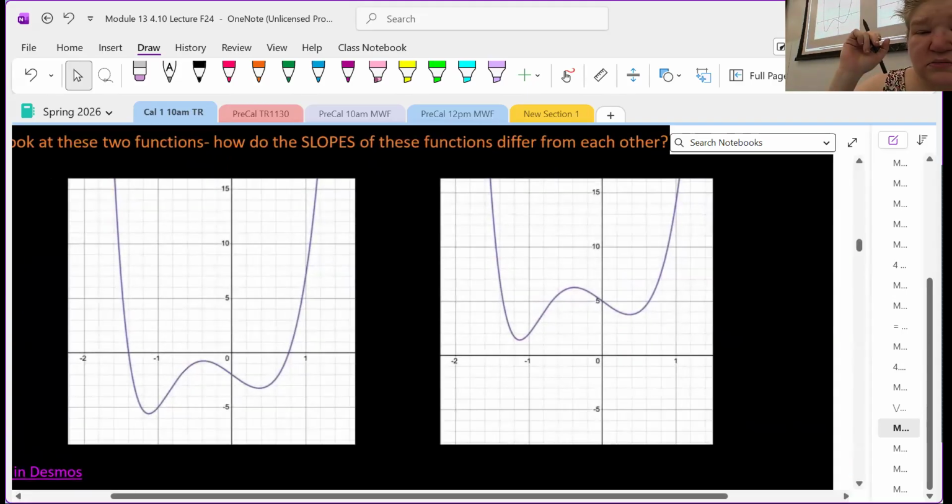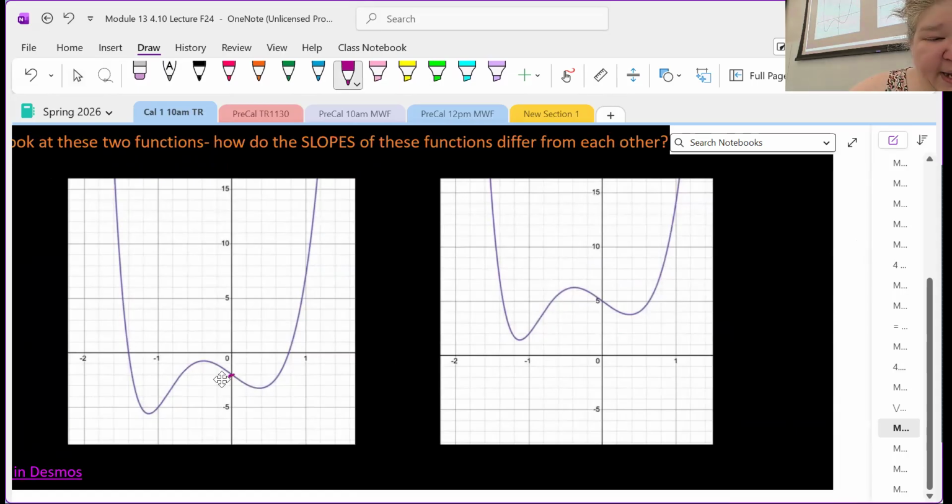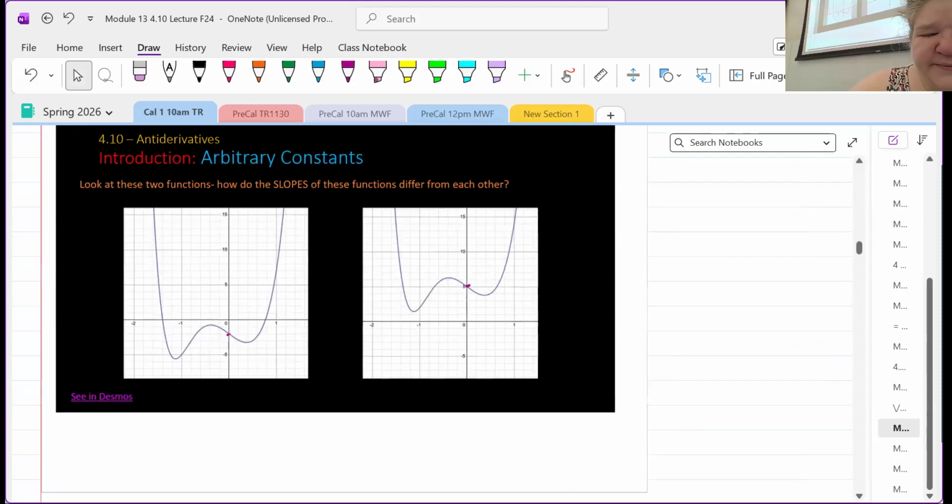Translated up or down from each other. So this one has a y-intercept at -2. This one has a y-intercept at 5. But we can see at that point the slope is downward, negative. Our maxes and our mins are all occurring at the same x values. So the difference between them is whether they're moved up or down from each other.